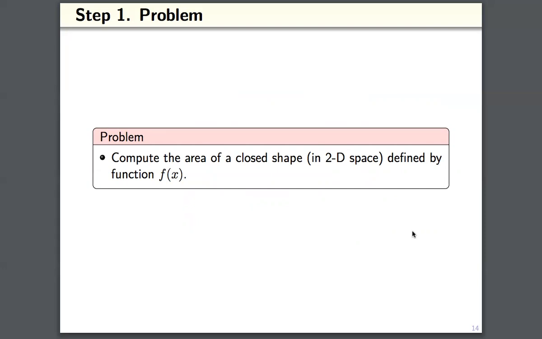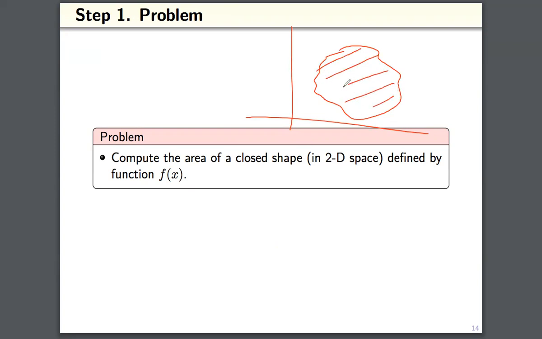Defined by some function f of x, maybe something like this. You want to find the area of this closed shape. It can be some arbitrary closed shape, right? But you're given the function of this, right? Function of the perimeter, and you want to find the area of this. How do you even find it?